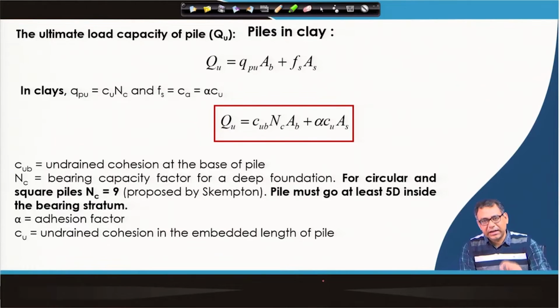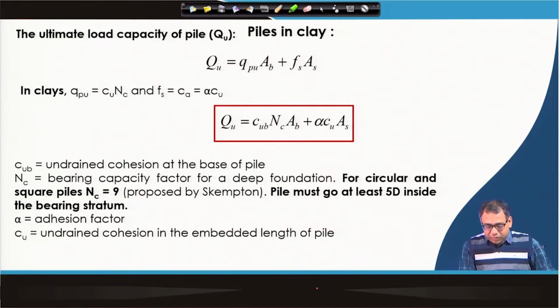N_c is generally taken as 9, although different researchers have proposed different N_c values in the case of piles also, but generally it is taken as 9. So, here also we will take this value as 9, and c_u is the undrained cohesion at the base of the pile, A_b is the area of the pile base, and alpha is the adhesion factor, and c_u is the average undrained cohesion along the length of the pile, and A_s is the outside area of the pile.